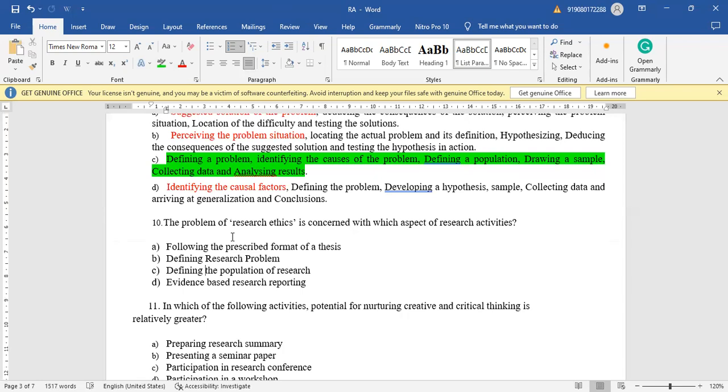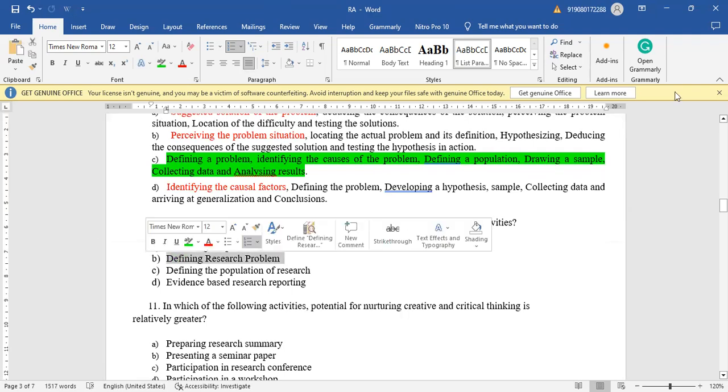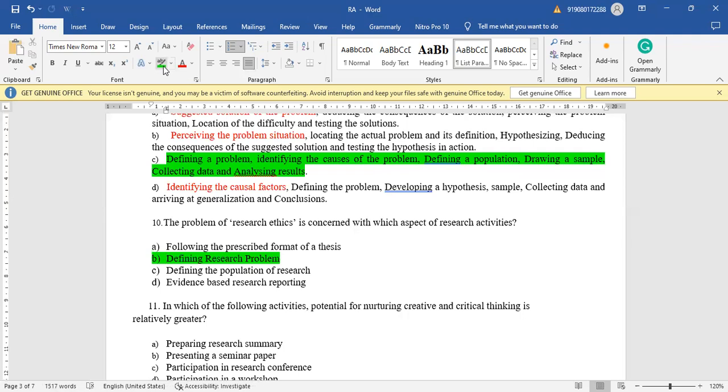See, in that question, they haven't mentioned the research problem. If you are deviating from research ethics in the research problem, then definitely research reporting would deviate from the ethics, correct? If that is the case, we have to find the starting point; if it is available in the list of options, go for it.